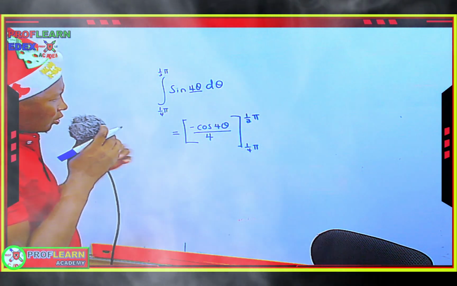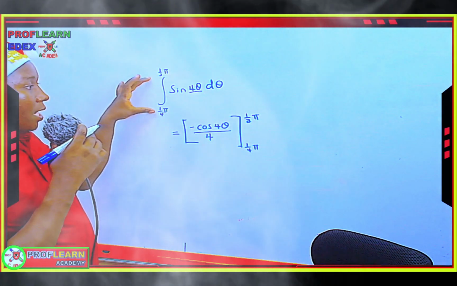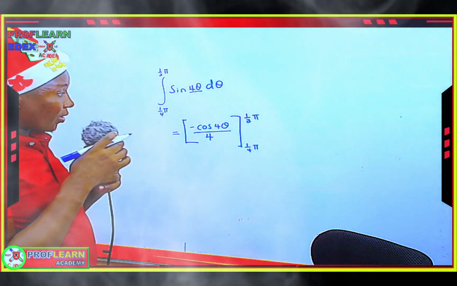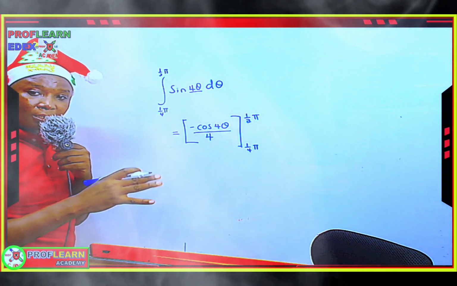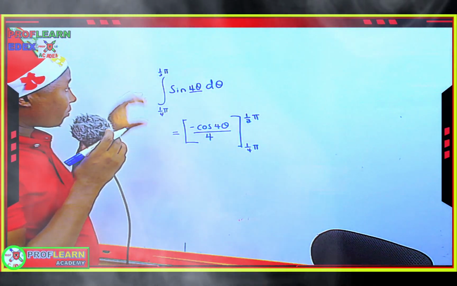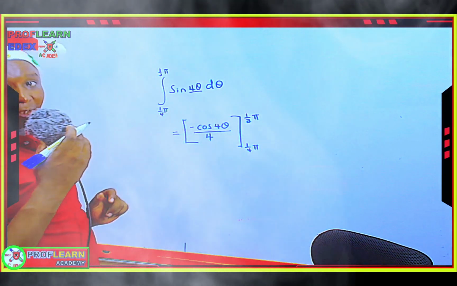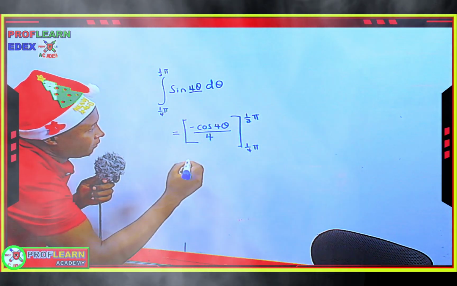We are not going to include the constant because we are provided with the limits. Otherwise, if the limits were not provided, you were to include the constant. So we are going to substitute what we know here.